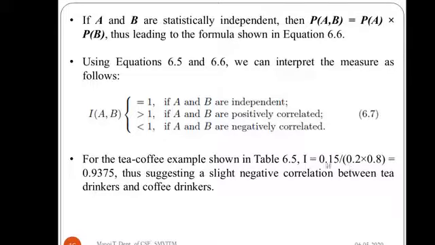So your interest factor will be 0.15 divided by 0.2 into 0.8, which comes to 0.9375, thus suggesting a slight negative correlation, since it is less than 1. Negative correlation means we can say that those who drink tea may not drink coffee, like that.